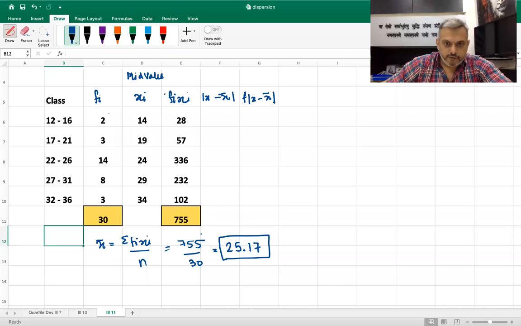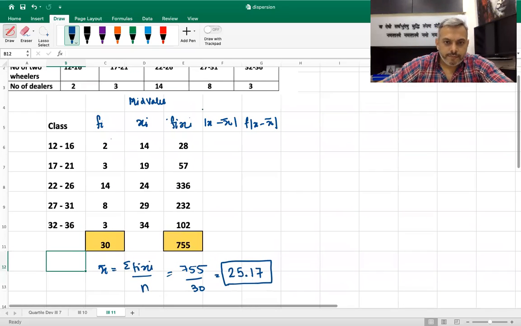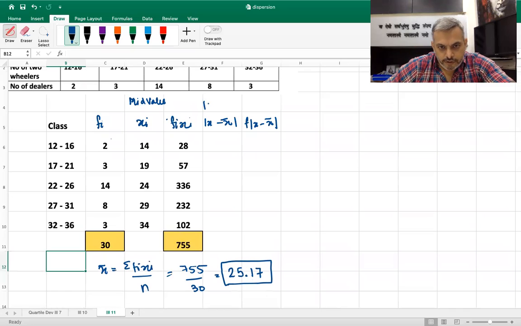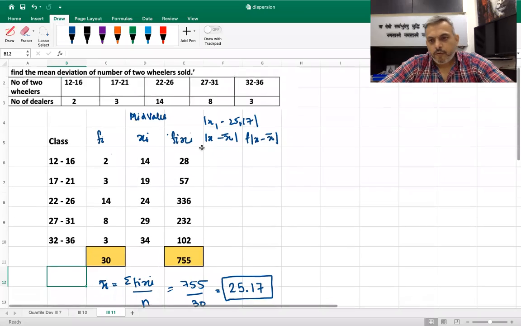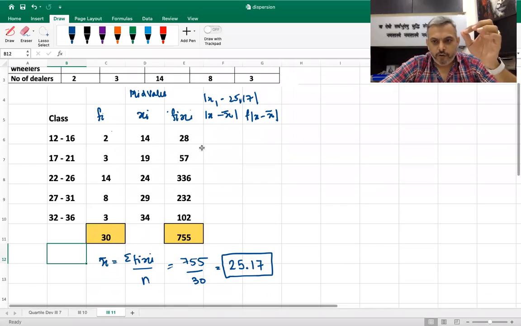Now for modulus xi minus x bar, we will take 25.17. Over here we are taking the modulus, so we will not take the negative sign.